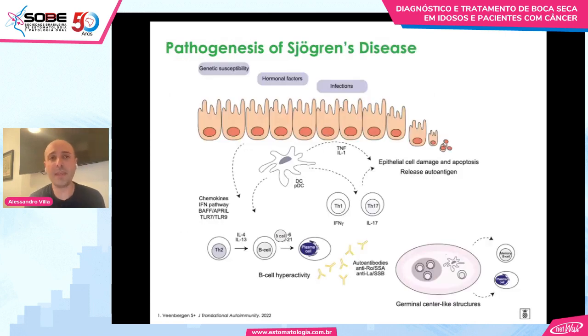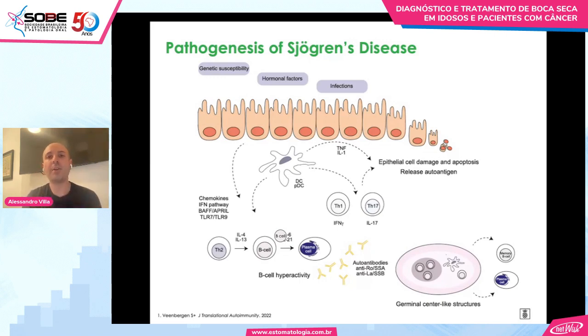When we look at the pathogenesis of Sjogren disease, it's complex and still not fully defined, but we know that some patients are genetically susceptible to developing this disease. There are infections that seem to play a role, along with hormonal factors. That is also maybe why we're seeing this disease more prevalent in women compared to men.